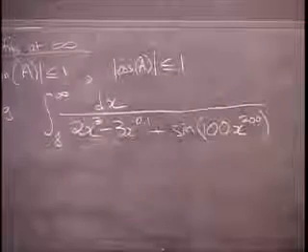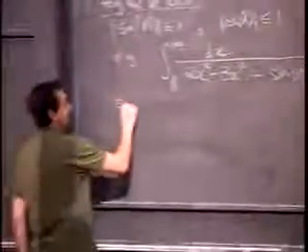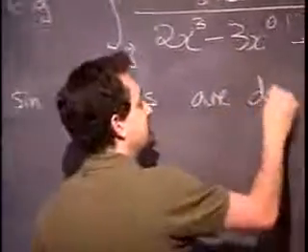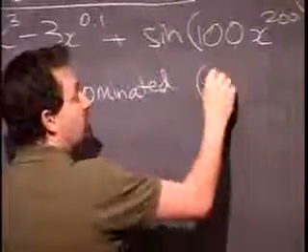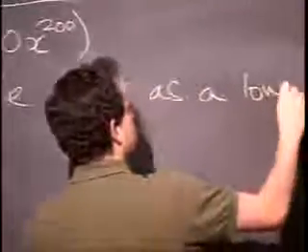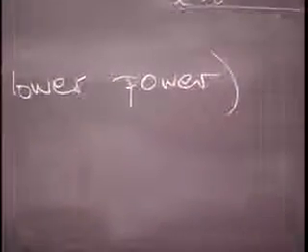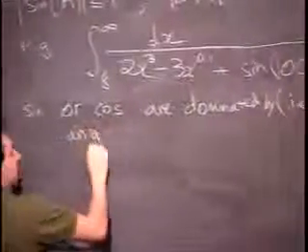So in fact, the modification to what we had before is that sine or cosine are dominated by, i.e. count as a lower power than, any positive power of x.